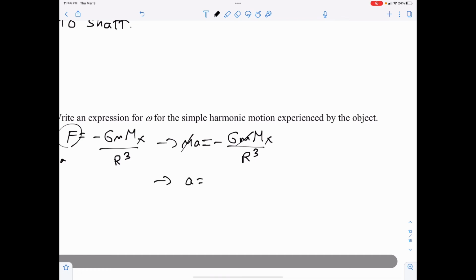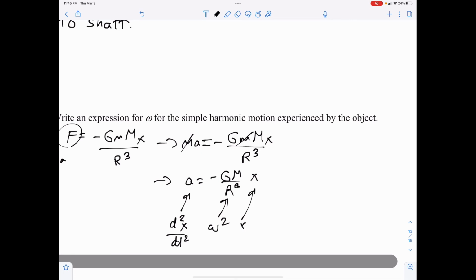A is equal to big G M over r cubed times x, where this is d squared x dt squared. This is omega squared, right?